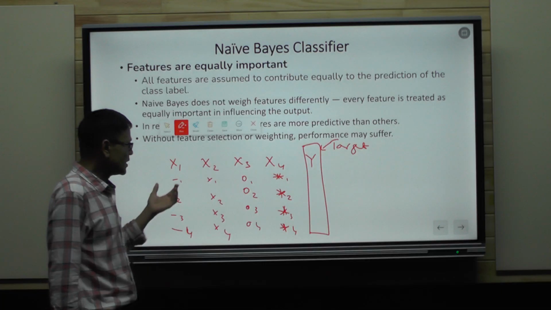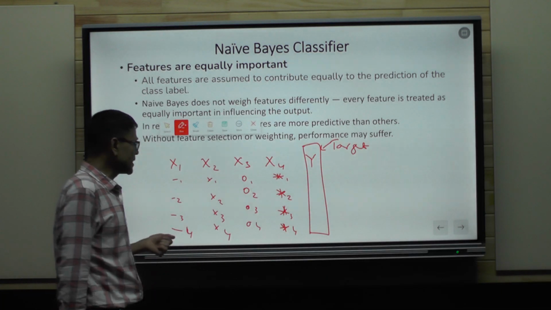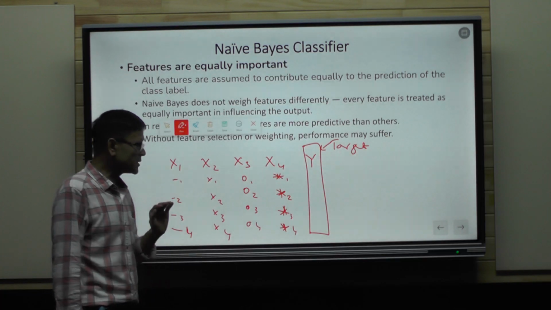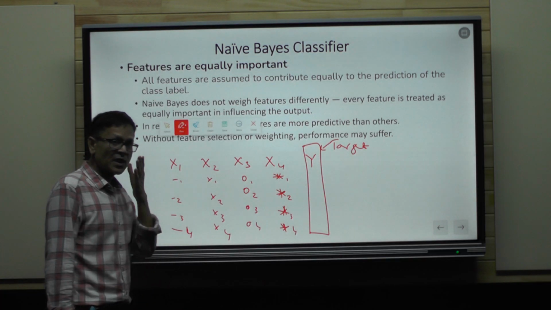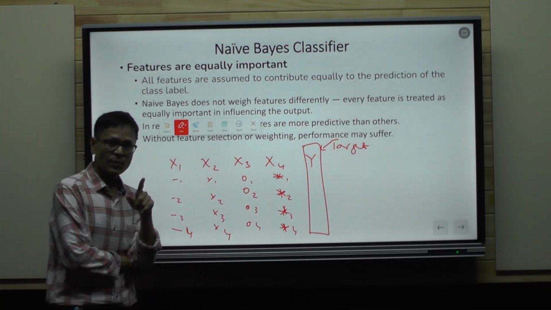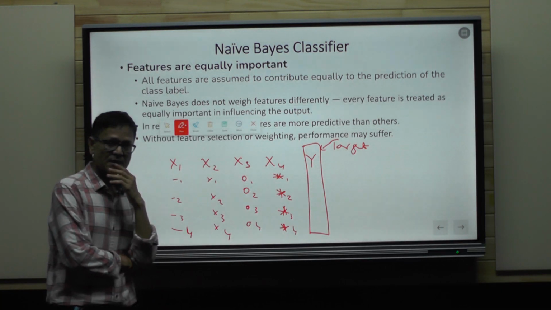So 4 features are given in the data set, and we assume that all features are equally important. That is, it would be difficult to eliminate any feature in this data set.